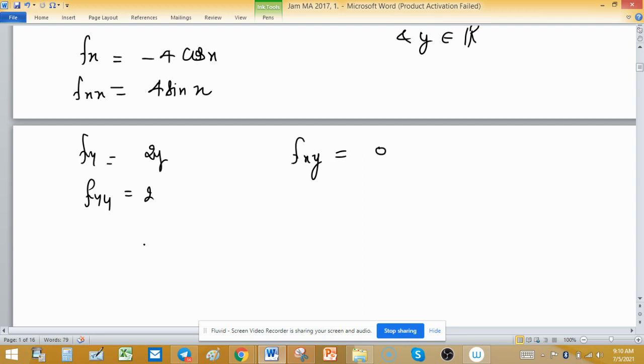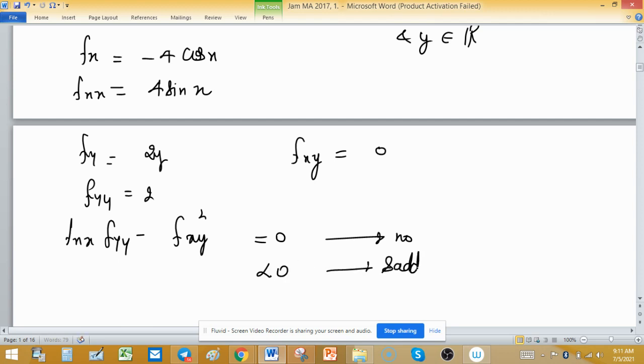So we have calculated the required partial derivatives. Now we will check the sign of fxx fyy minus fxy squared. If it is equal to 0, then no conclusion, meaning we need to investigate further. If it is less than 0, then the point is a saddle point. If greater than 0, then it is a point of extrema, not yet saying local maxima or minima.